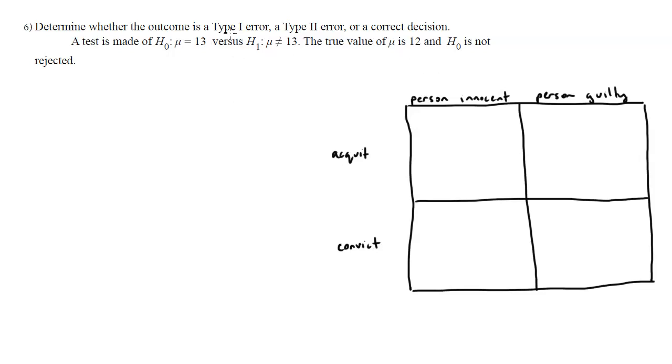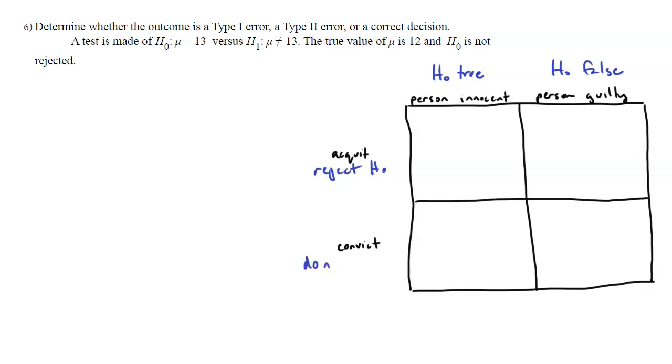If we're talking in terms of hypothesis testing, person innocent, that would be the null hypothesis is true. Person guilty, the null hypothesis is false. Acquit will be we reject the null hypothesis.